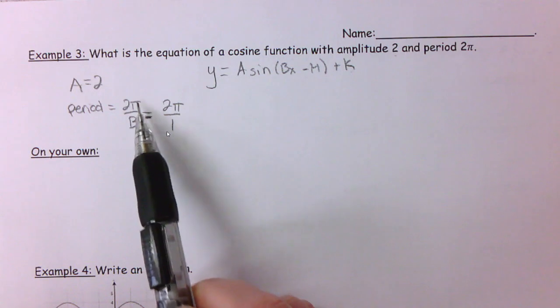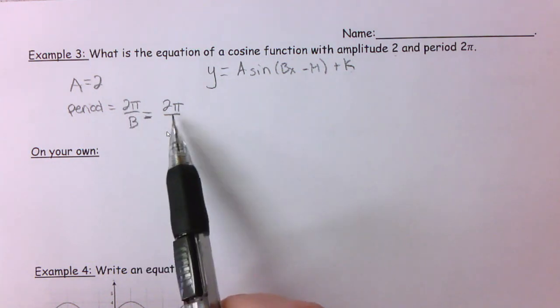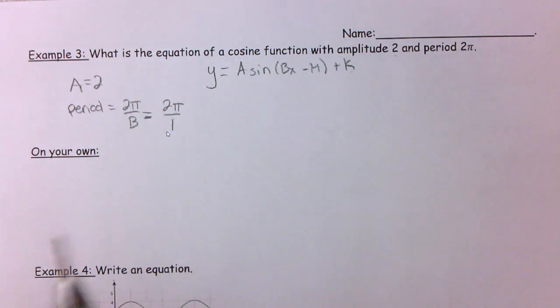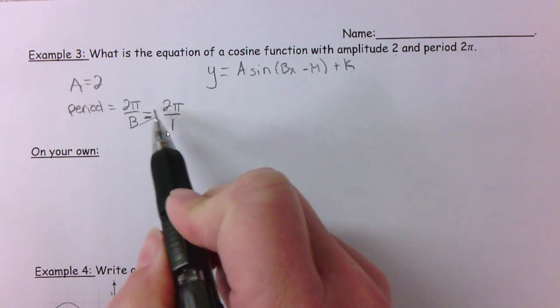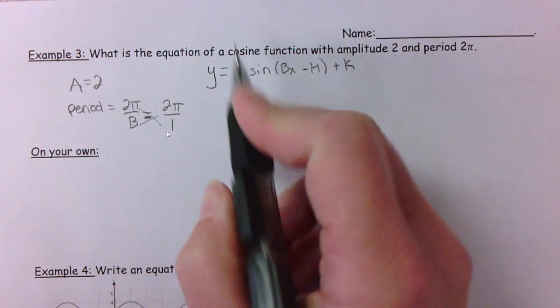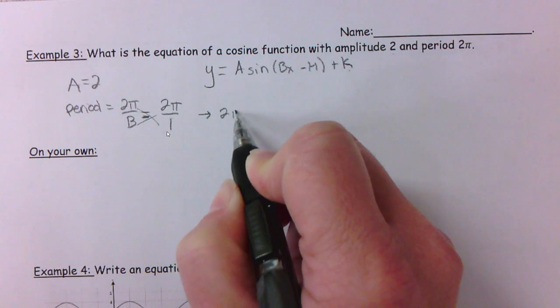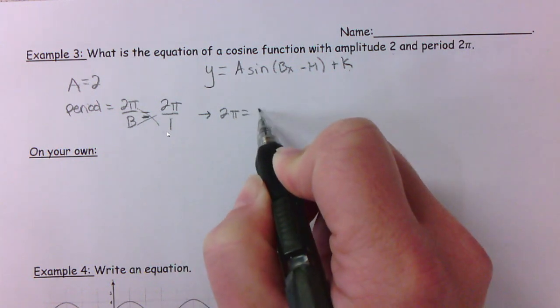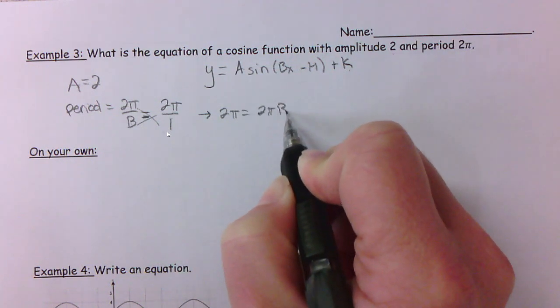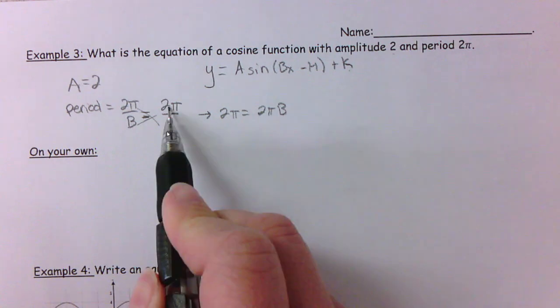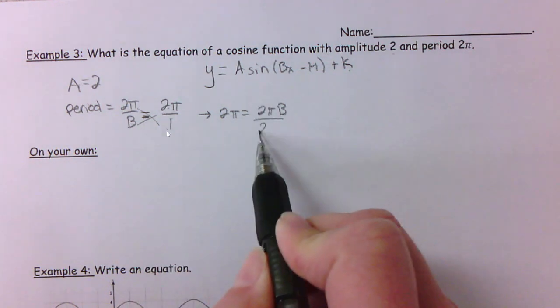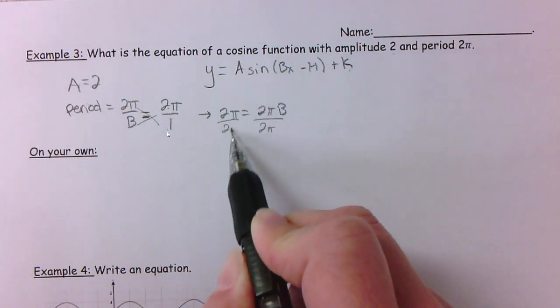So this one's kind of easy. 2 pi, what number do I take 2 pi and divide it by to get 2 pi? And that's 1, or we can cross multiply. So if I cross multiply, we get 2 pi equals 2 pi b. Okay, because we have 2 pi times 1 and then b times 2 pi. And then I want to solve for b, so I just divide by the 2 pi.